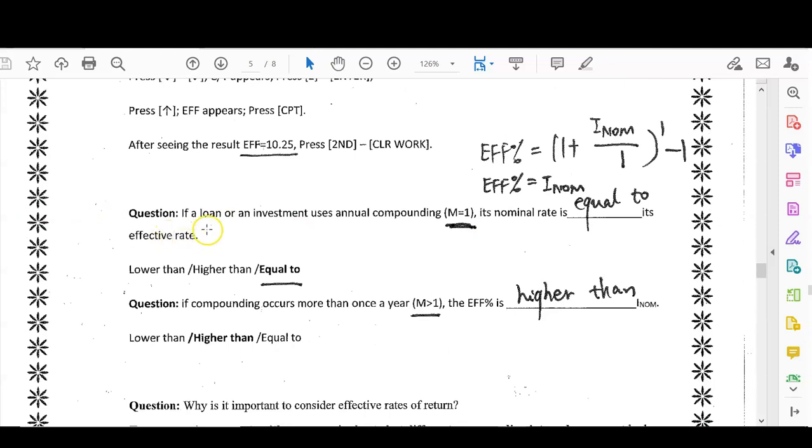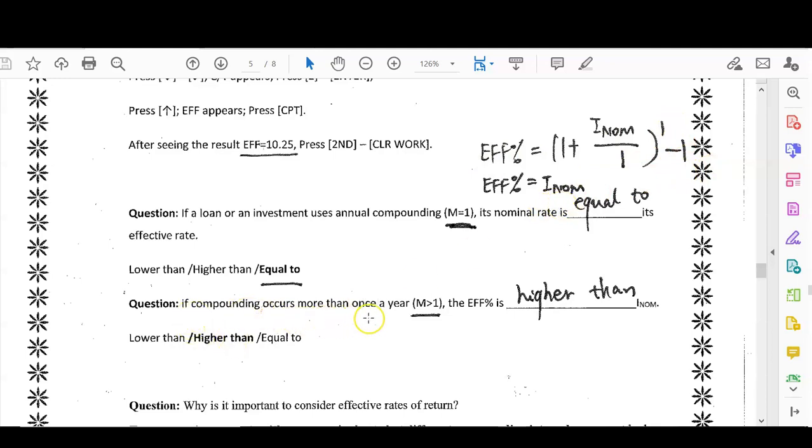Question: if a loan or an investment uses annual compounding, M equals 1, its nominal rate should be equal to its effective rate. When M is 1, our effective annual rate becomes (1 + nominal rate / 1)^1 - 1, so it is equivalent to the nominal rate.